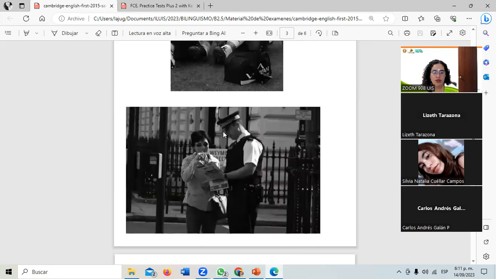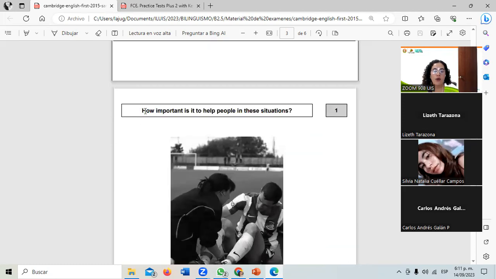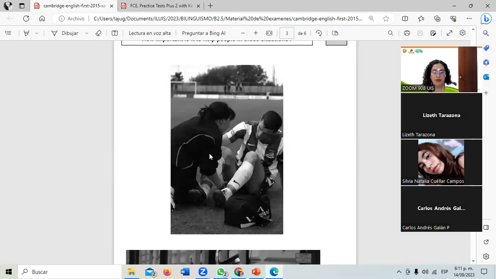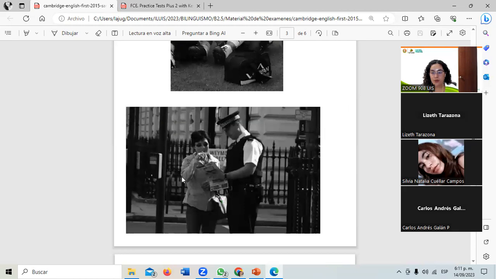The first 2 questions are these 2. So how important is it to help people in these situations? We have this situation and the second. I'm going to give you a couple of minutes, 2 minutes to prepare. In the exam, we don't have time to prepare, okay? So in the exam, I'll show you the picture and you start.